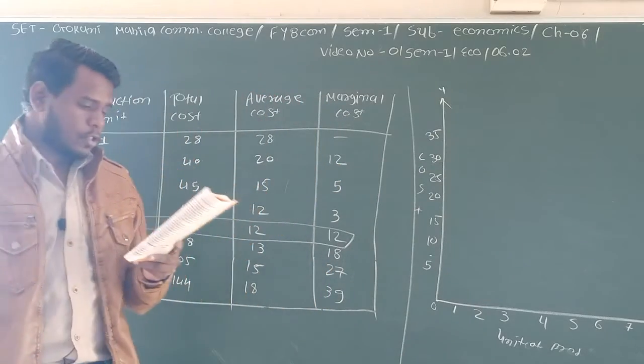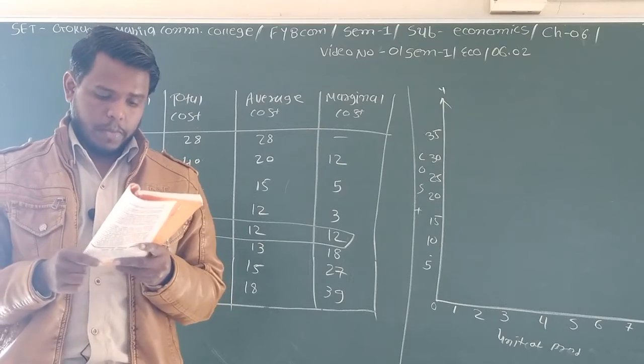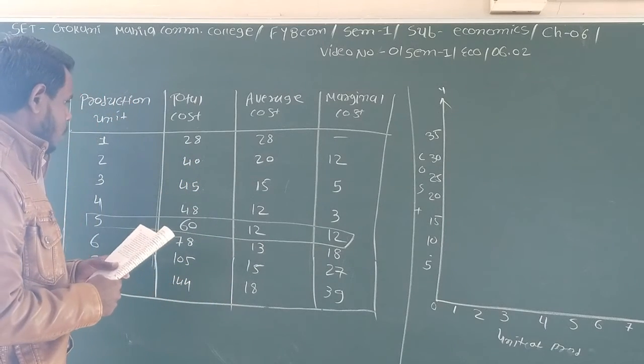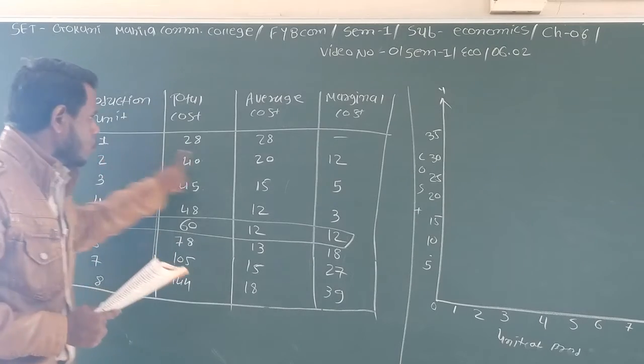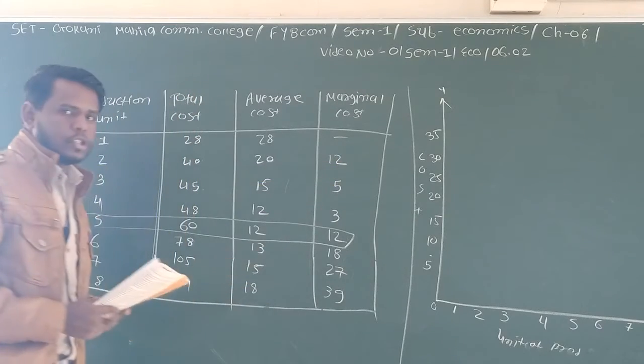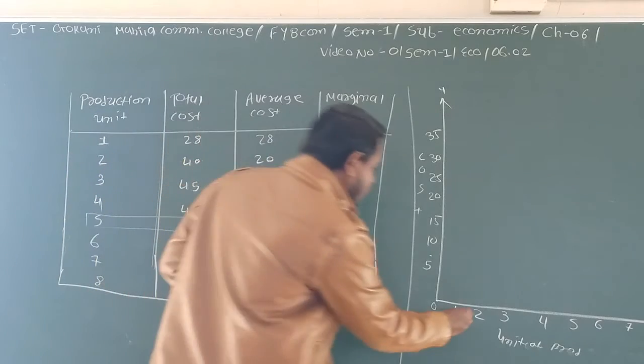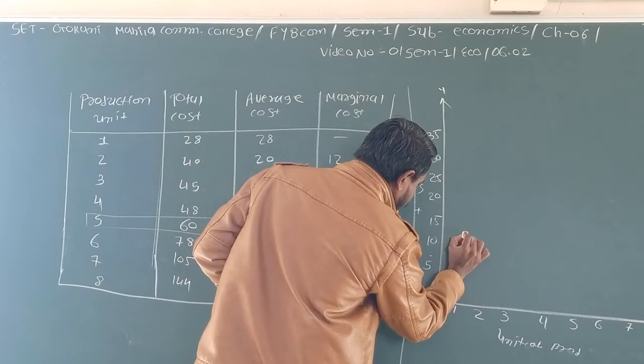So first let's draw the marginal cost. Marginal cost here in the one unit there is no marginal cost. On the second unit the marginal cost is that, you can draw it here.